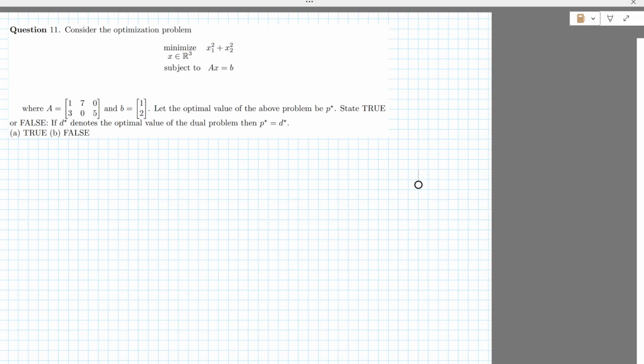So this is convex. This is also convex. And we have one equality constraint. So we just need to check whether there is a solution to this.